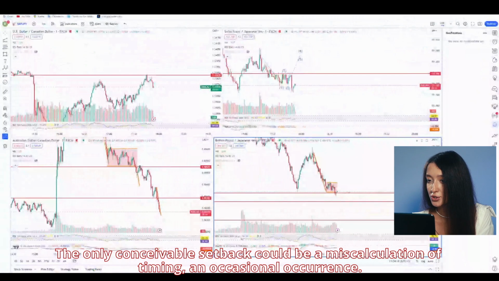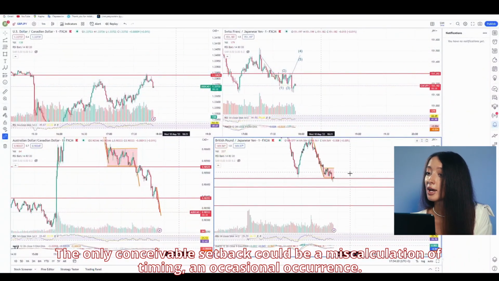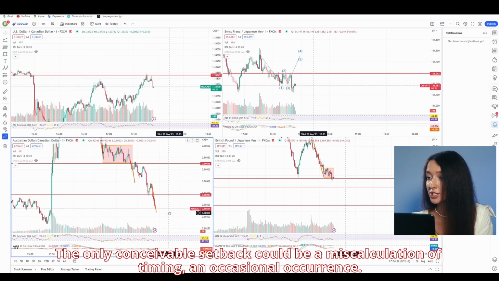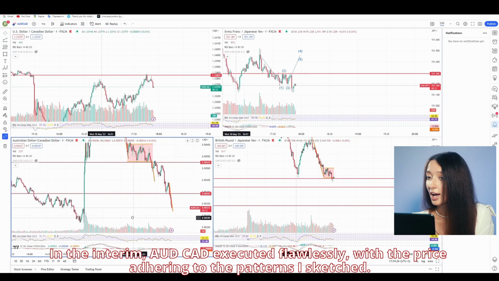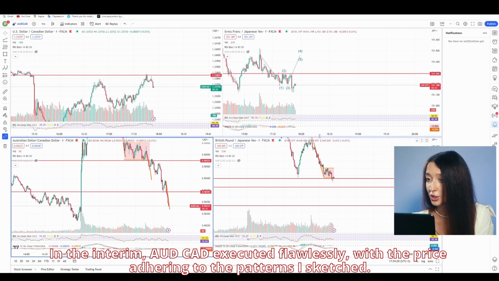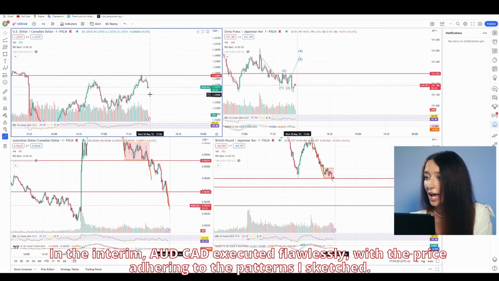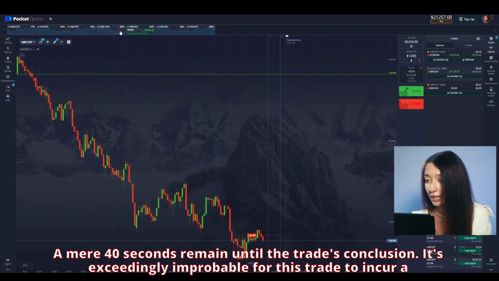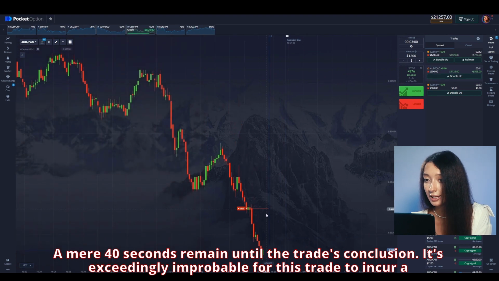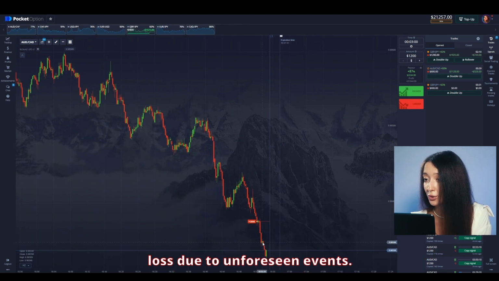The only conceivable setback could be a misjudgment of timing. The price is adhering to the patterns I sketched. A mere 40 seconds remain until the trade conclusion. It's highly improbable for this trade to incur a loss barring unforeseen events.